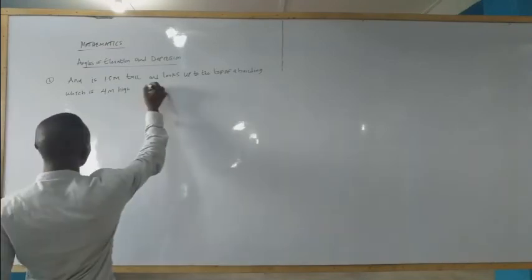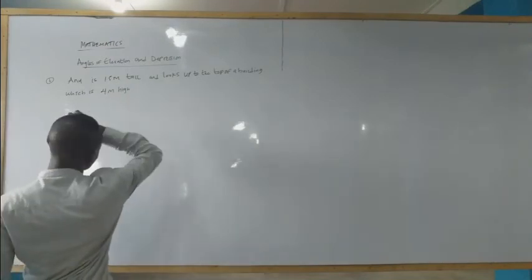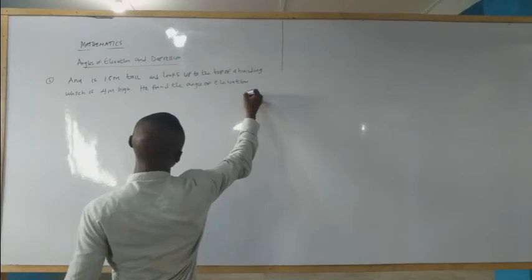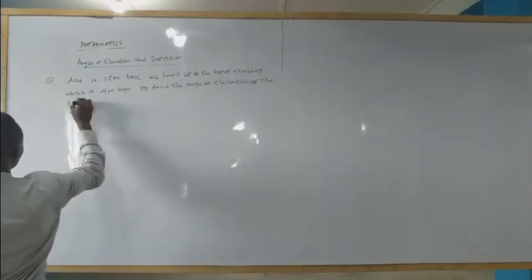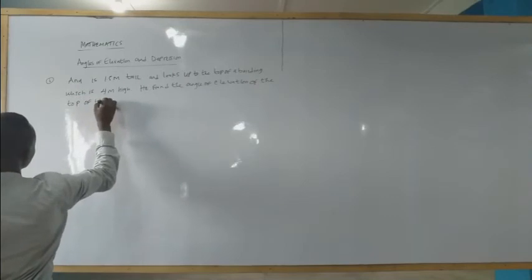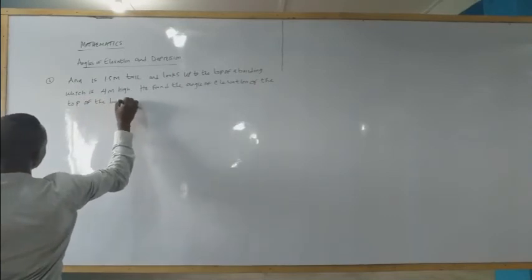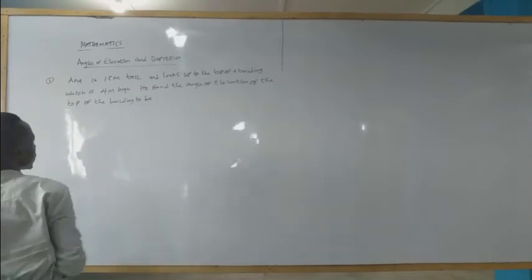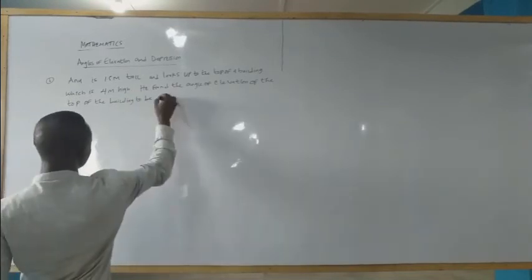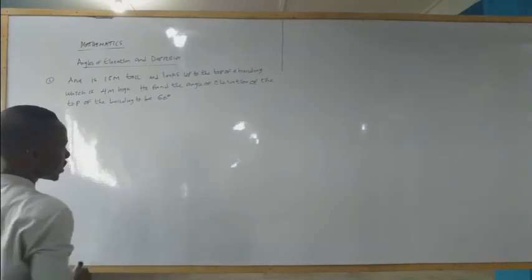He found the angle of elevation on the top of the building to be 60 degrees.